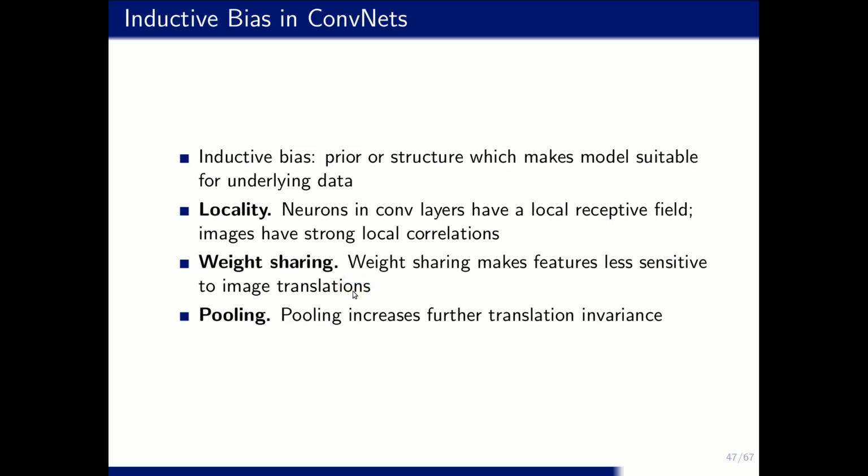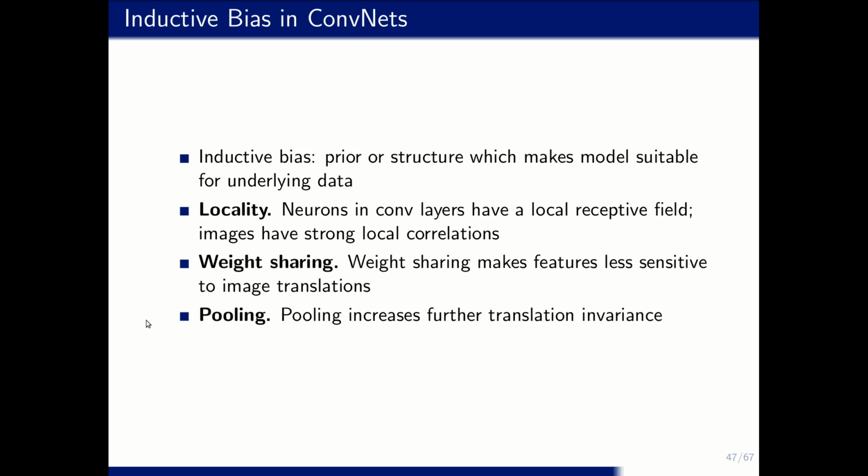So if we translate the image a few pixels to the left or the right or the top or whatever, then you can always be sure that there will be some neurons detecting it. So this just translates to a translation of the higher feature maps. The higher feature maps preserve the locality of the original image, and therefore if we shift around the image, we also shift around the higher feature maps.